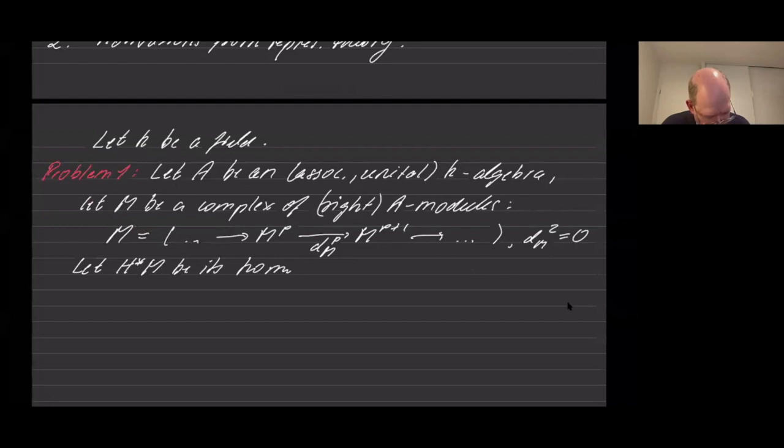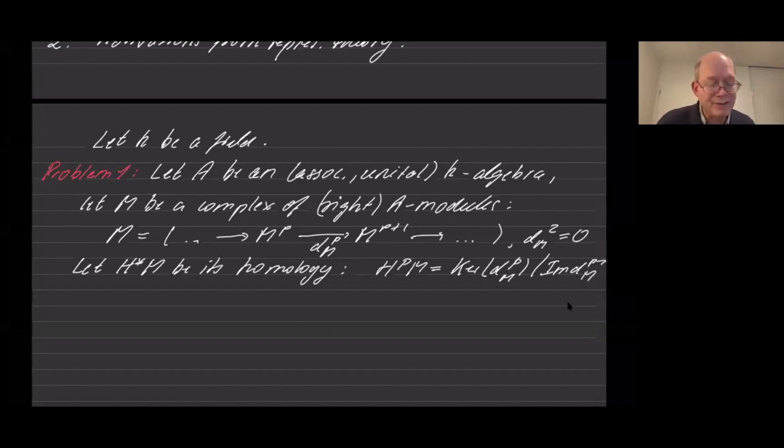Well, this is a graded vector space whose pth component, as you know, is the quotient of the kernel of the pth differential by the image of the (p-1)th differential. Okay, well, this is just a graded vector space. And the question which I would like to ask is, what additional structure do we need to construct the complex M after quasi-isomorphism from its homology considered as a graded vector space?